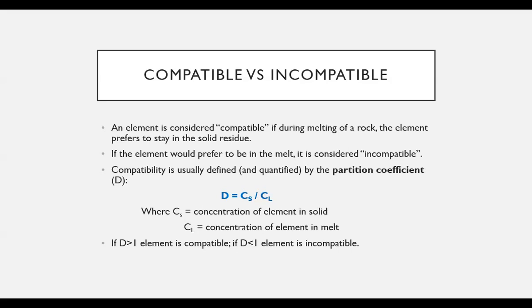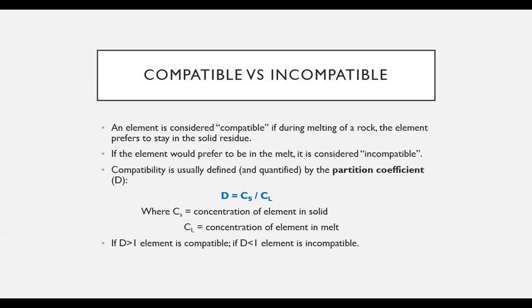The element that likes to move into the liquid or the fluid is called incompatible. So that's the broad distinction. The classic example is something like water in a magma. Water likes to behave in an incompatible manner. It likes to go into the magma. And this can be quantified by what we call a partition coefficient.